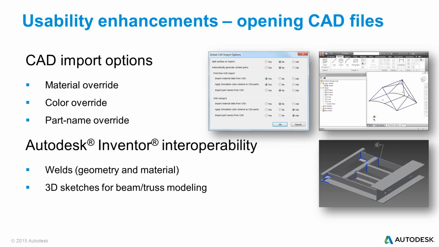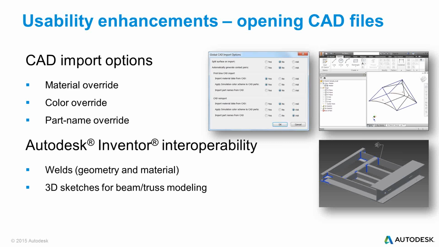And one of the workarounds that we offered back then was to use STEP files and SAT files. But now in the 2016 release, the welds will appear as just another part coming in from Inventor into Simulation Mechanical. And you no longer need to go through neutral file formats to import your weld design into Simulation Mechanical.